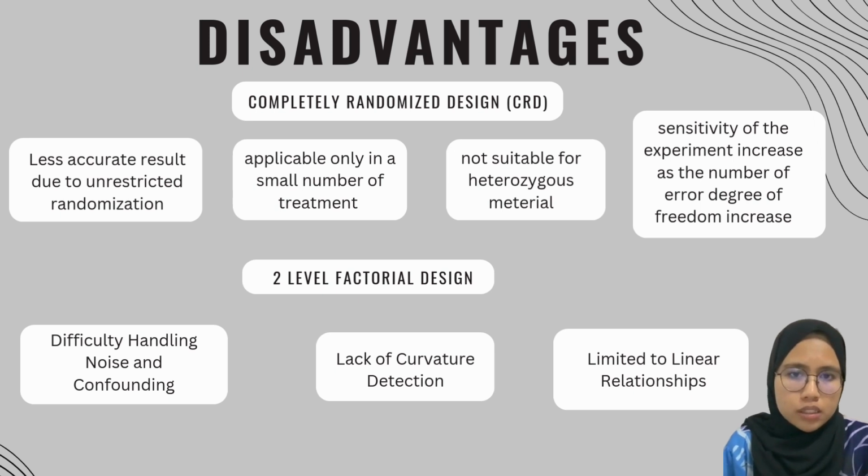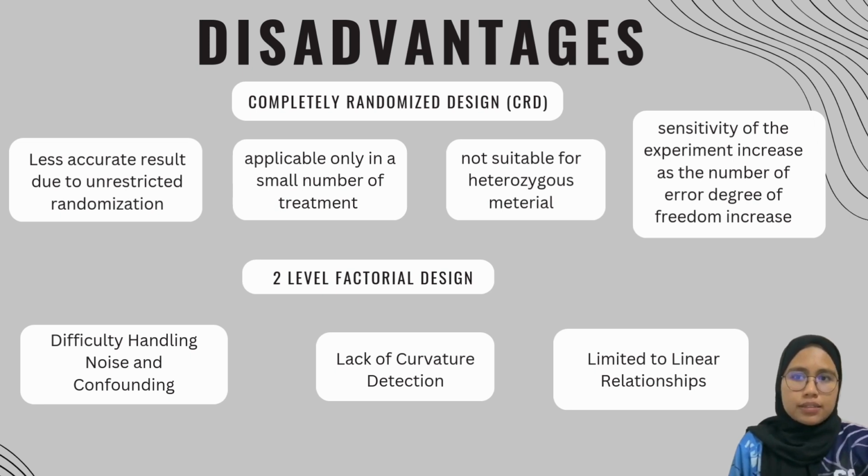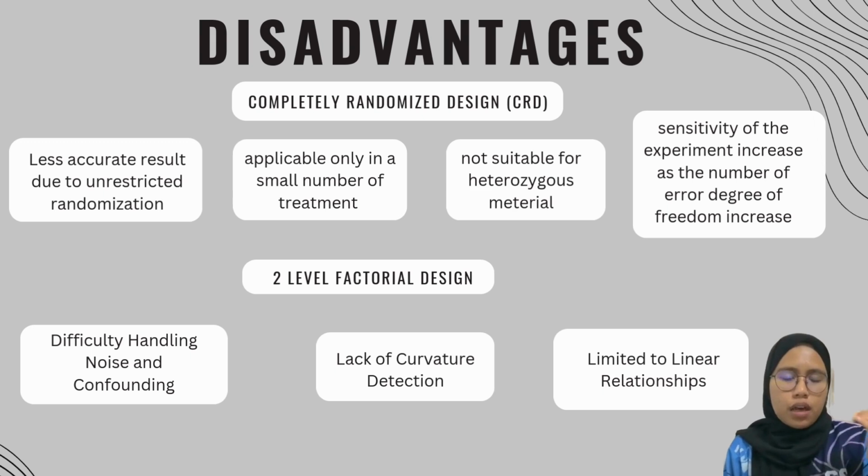This is because it is hard to control the variability. Next, it is not suitable for heterogeneous material because this can lead to bias, as the treatments are unevenly distributed across units which vary in characteristic, so it leads to biased results. Next, the sensitivity of the experiment will increase as the error degrees of freedom increase.